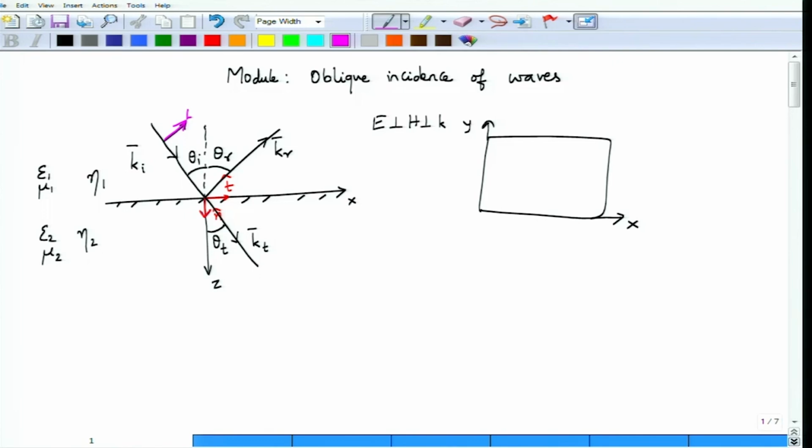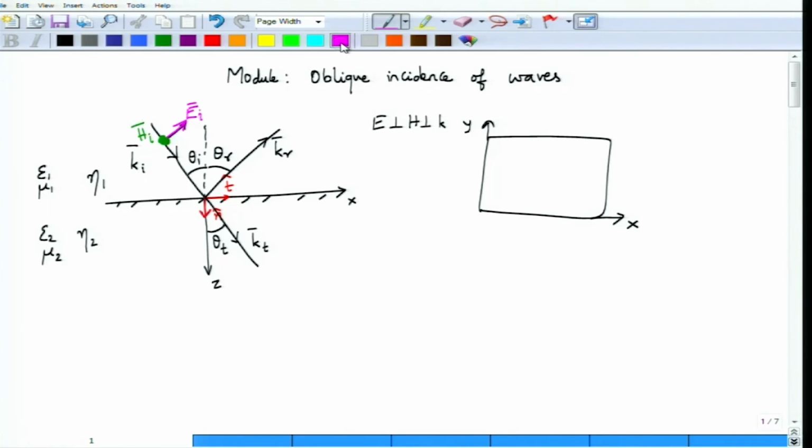This would be the direction of the incident electric field. Associated with this must be the direction for the magnetic field. So you have E cross H must be in the direction of k. Since E is directed along this way, E cross H means that H must be coming out of the page. So H is coming out of the page and that H vector is Hi.